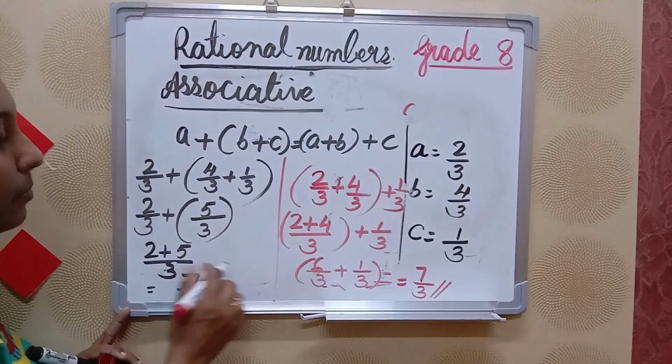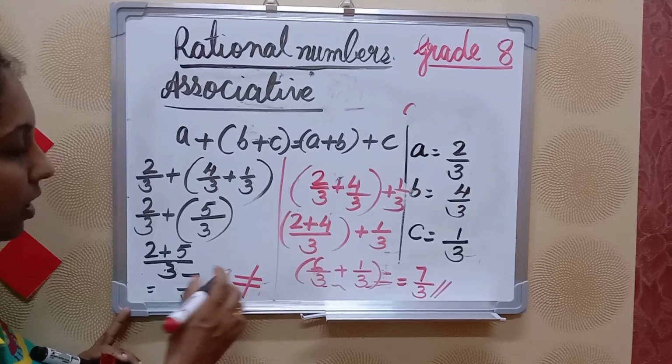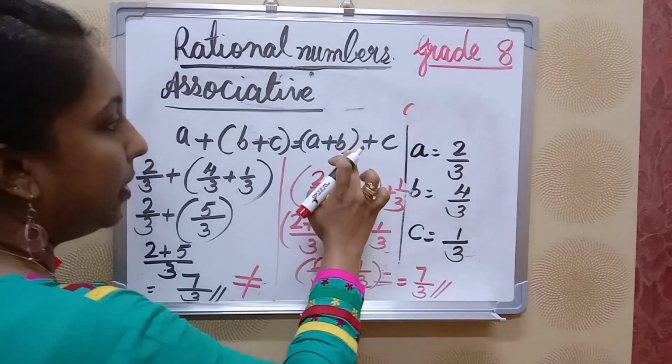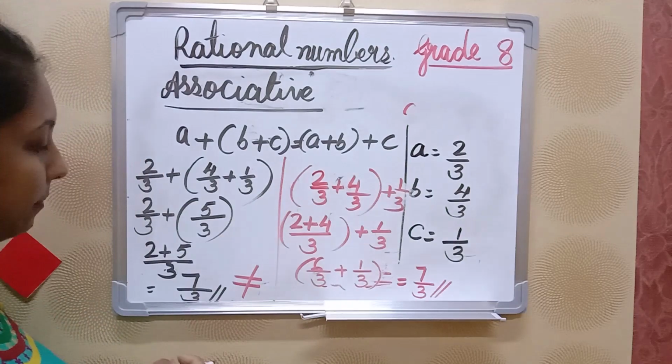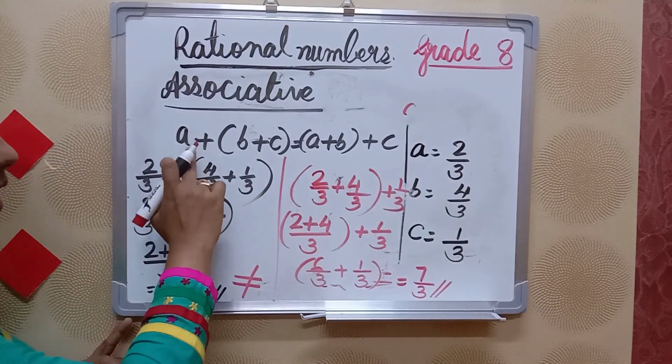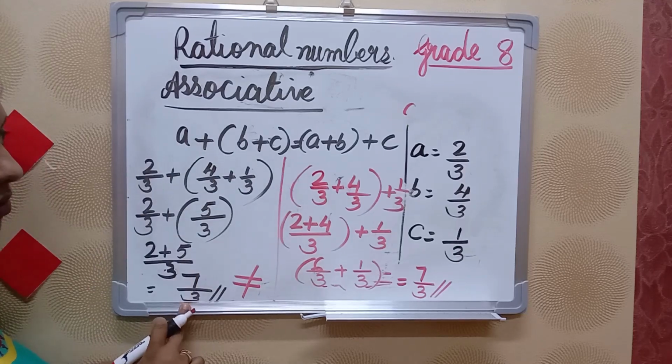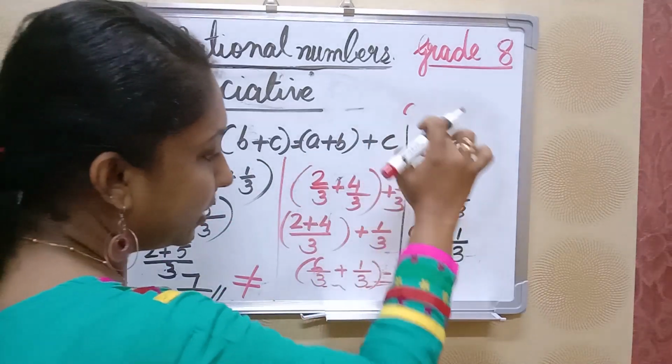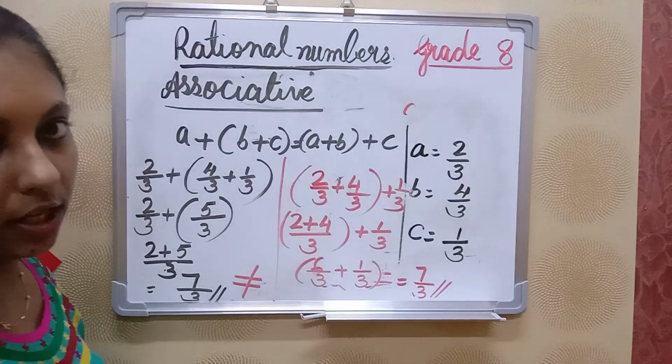So (A plus B) plus C is 7 by 3 and A plus (B plus C) is also 7 by 3.